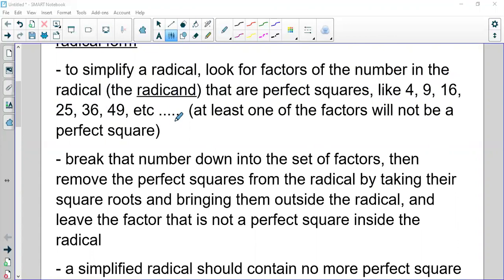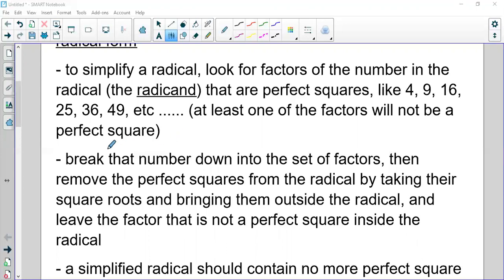When you factor that number inside, because it's not a perfect square, at least one of the factors will not be a perfect square. So we're not looking for 10 as a factor or 5 as a factor. We're looking for a factor that's a perfect square.